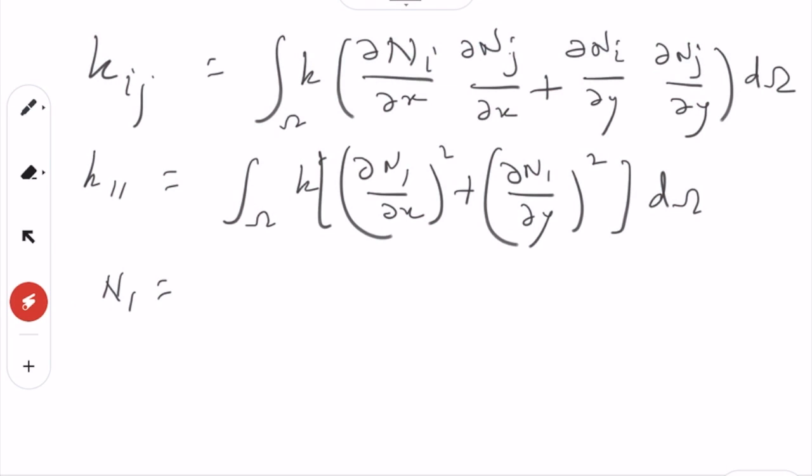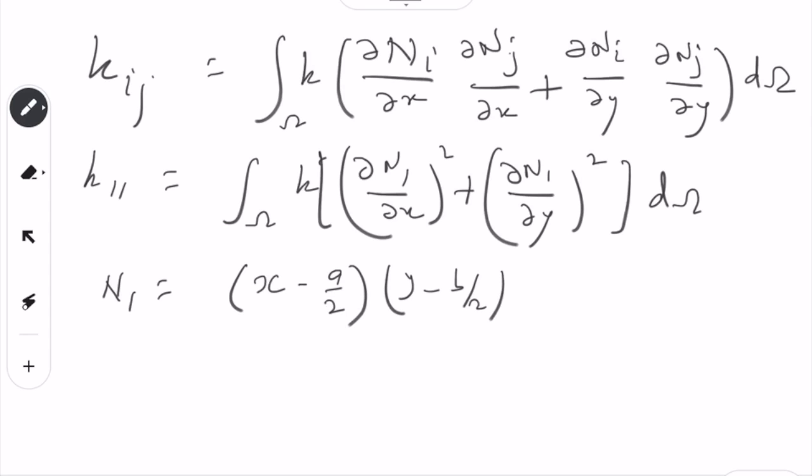So simply, you can find that n1 will be equal to 1 minus x minus a over 2 multiplied by y minus b over 2, and then over a times b.